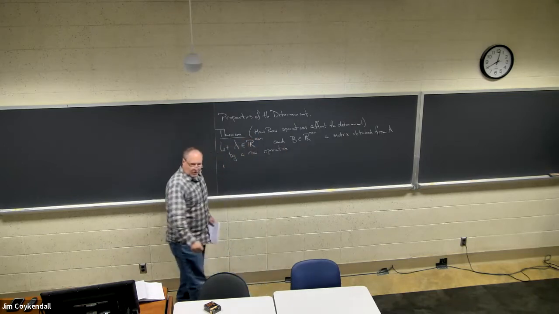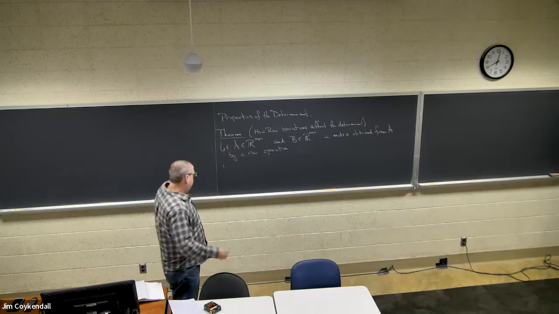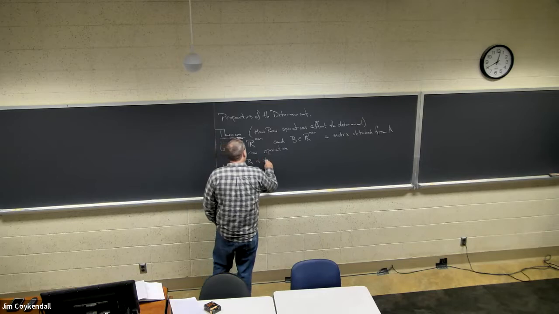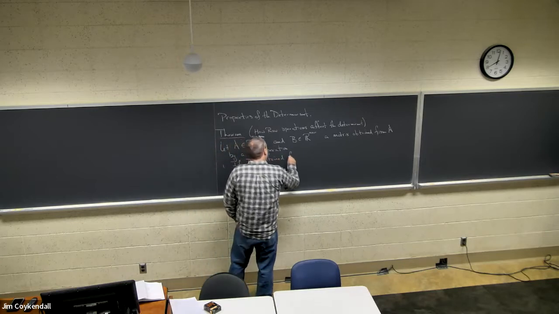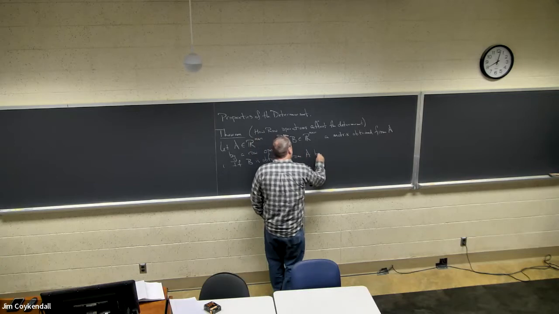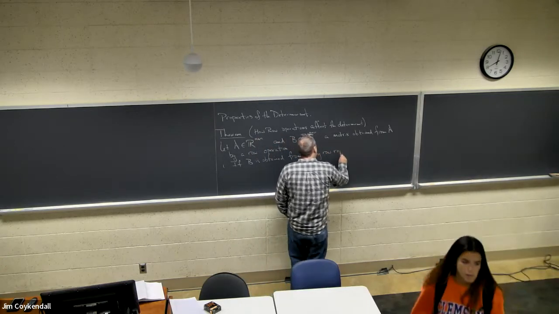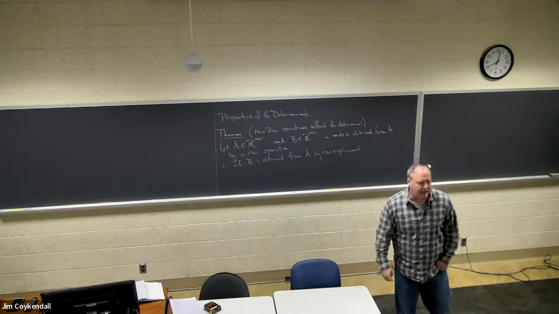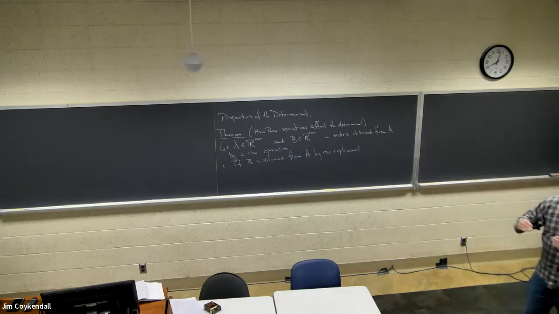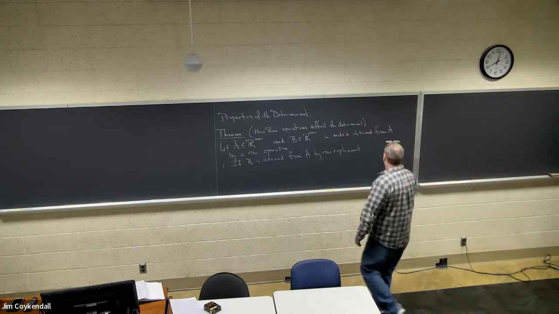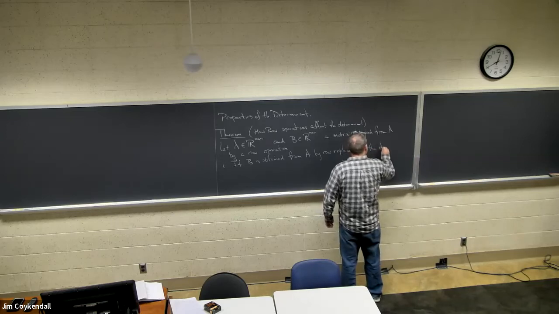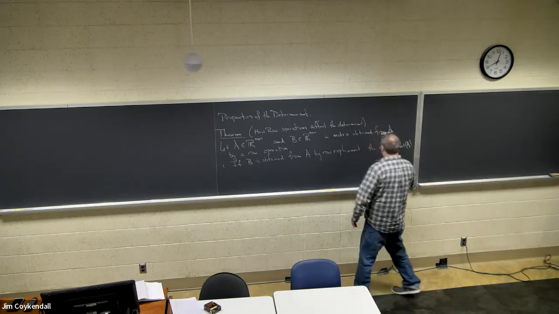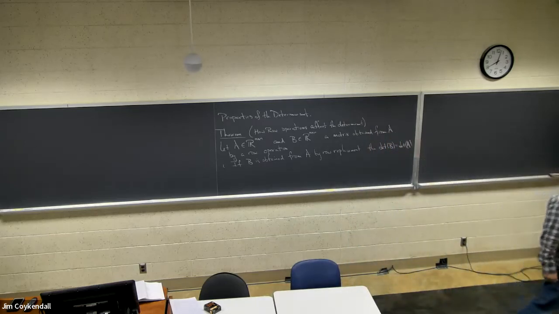So we've got three biggies, right? Three row operations. Number one, if B is obtained from A by row replacement, and remember what row replacement is, that means I add a multiple of one row to another row, then, very groovy, the determinant doesn't change.